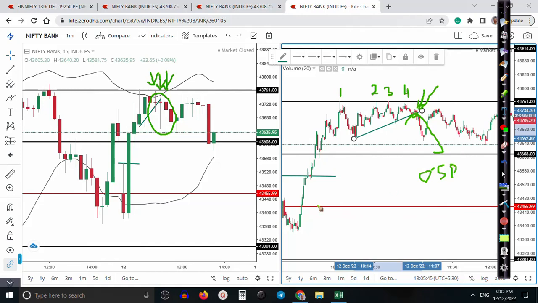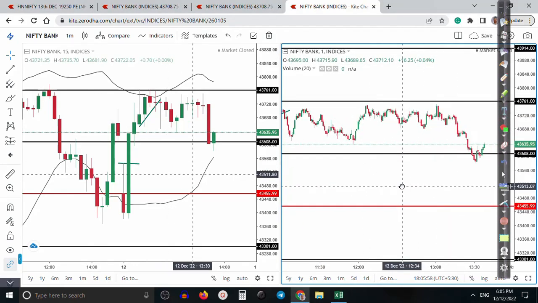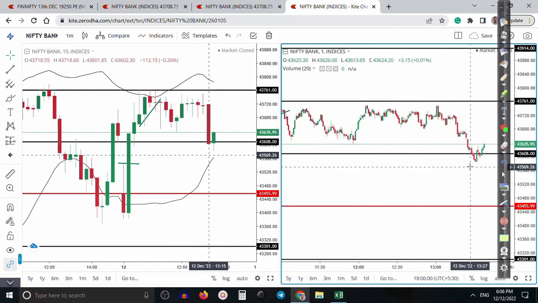This is the mean line, this is the 0.5 standard deviation, and this is the one standard deviation line. Later you can see price, around 1:30 p.m., hit our target point.